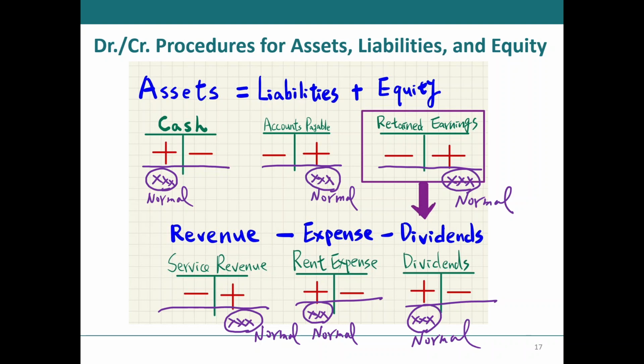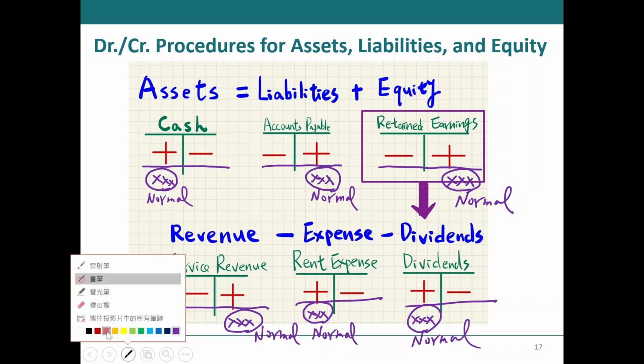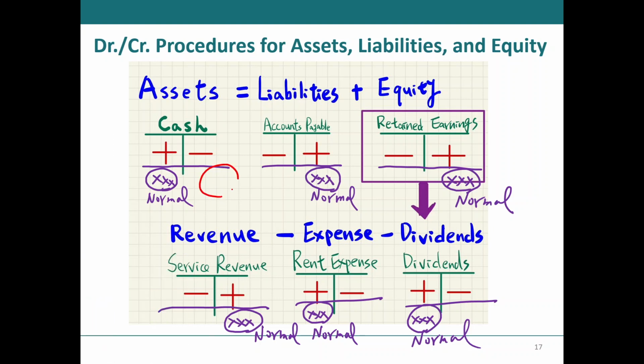Dividends, the final amount should be on debit side. Okay? If someday you find out the final amount on the other side, what should you do? Recompute your numbers because you did something wrong. If someday you find out the numbers here, then you should recompute again because you did something wrong. The same for others.